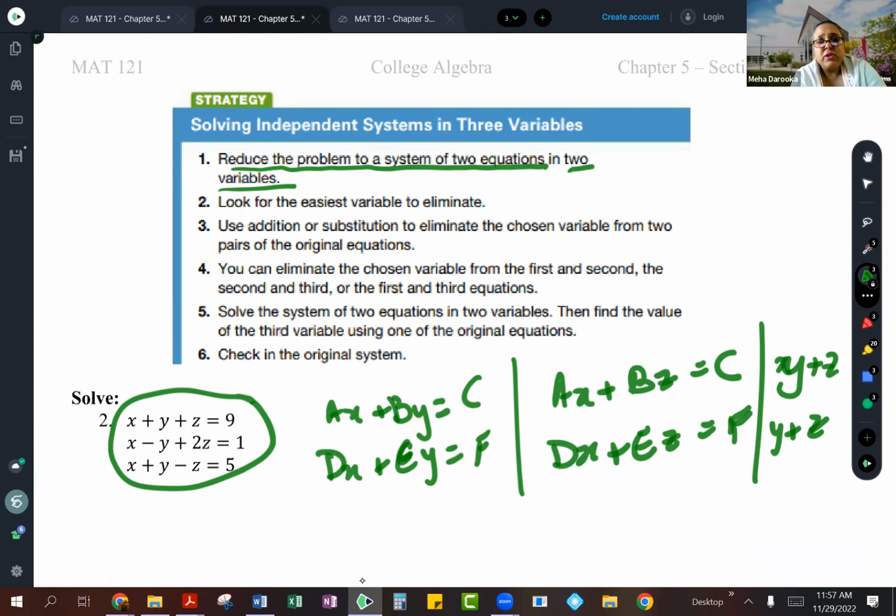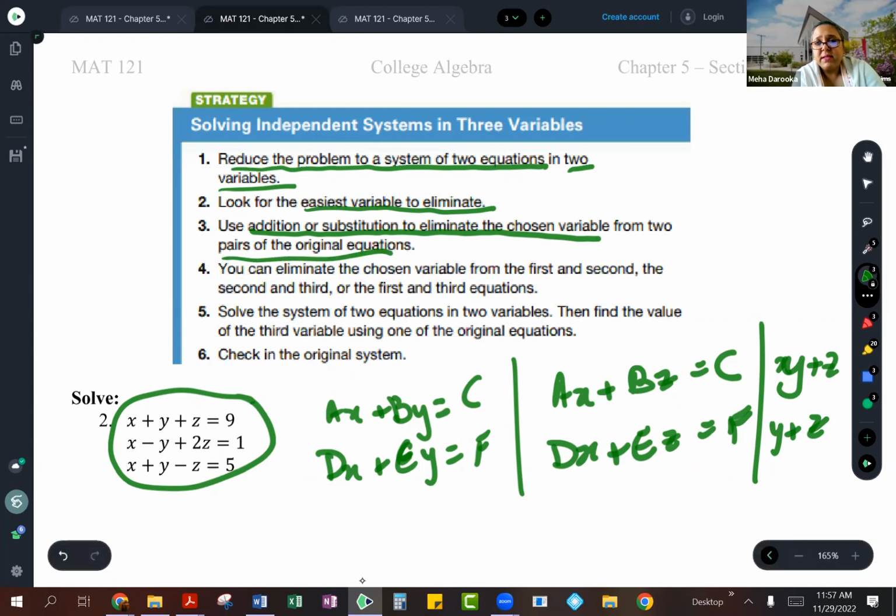Then they are saying, look for the easiest variable to eliminate. So you can again use the addition or the substitution method to do that. But break it down into where you only have 2 of the original equations left behind.